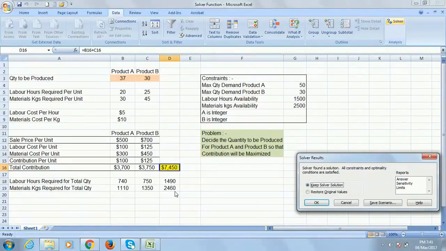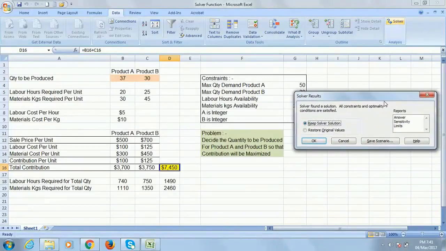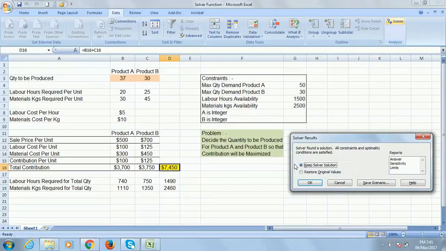Materials required are also less than materials available. My quantity produced is less than my maximum demand for both the products. In this way we have the maximum contribution with the available constraints. I hope this was clear to you.